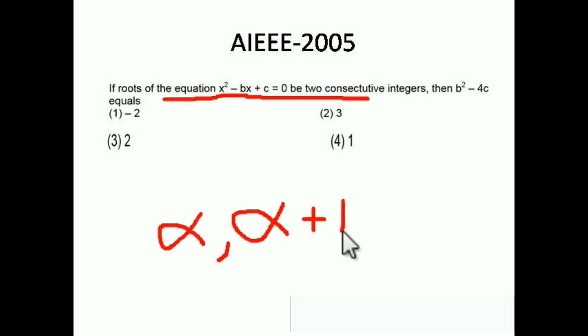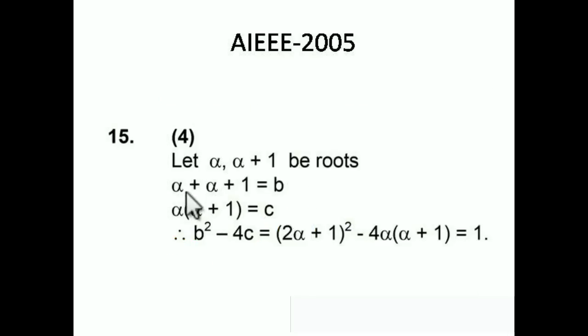Now we have the basics: the summation of roots, alpha plus alpha plus 1, is equal to minus b by a, that means minus b upon 1, that means b. The summation of roots, 2 alpha plus 1, is b. The multiplication of roots, alpha into alpha plus 1, is c. Now we have to find b square minus 4c.